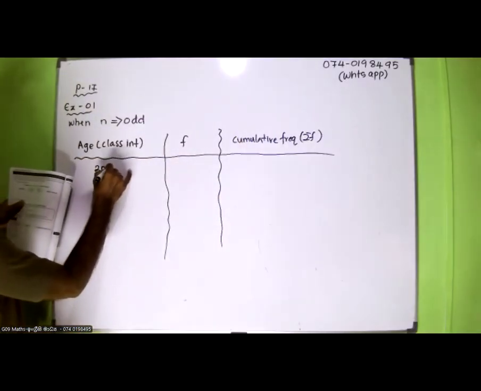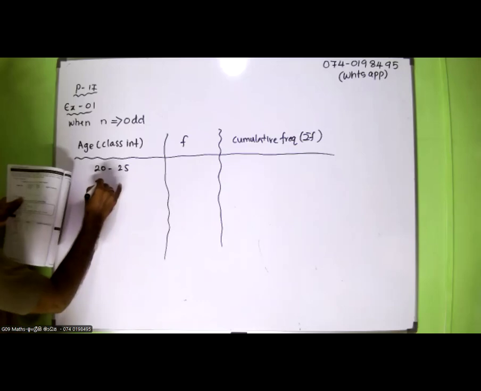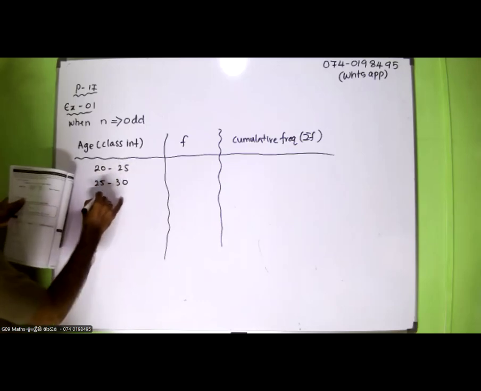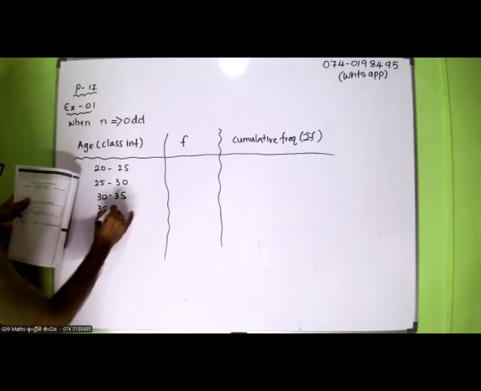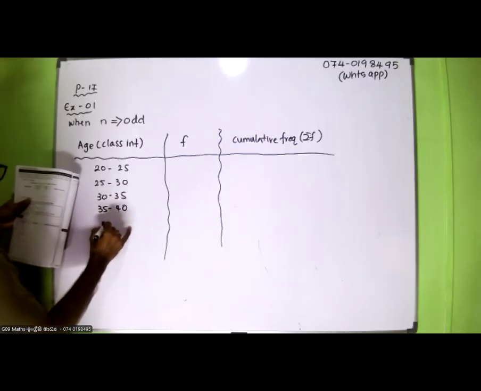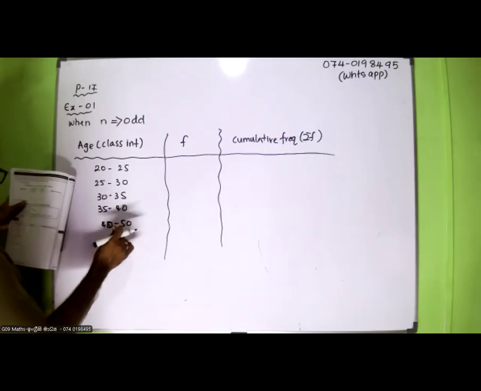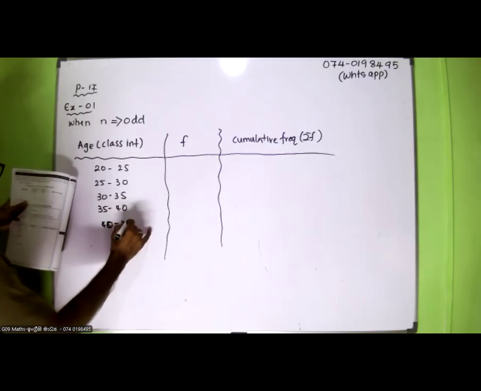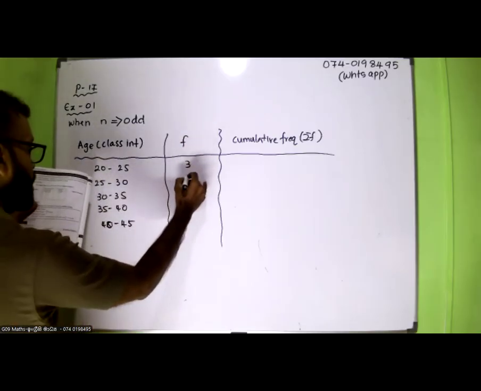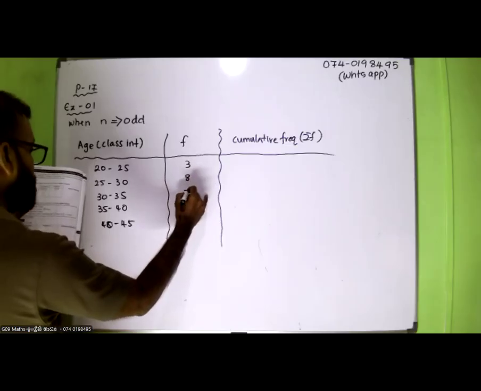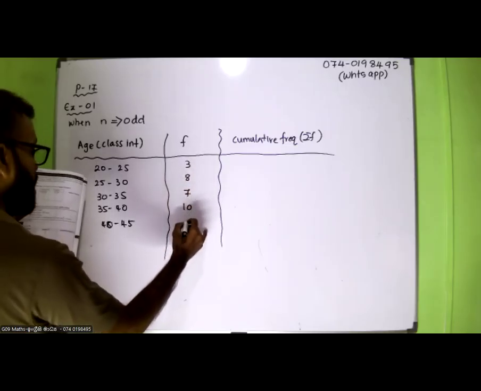And these are my classes: 20 to 25, 25 to 30, 30 to 35, 35 to 40, and the last one, 40 to 45. Frequencies are 3, 8, 7, 10, and 3.